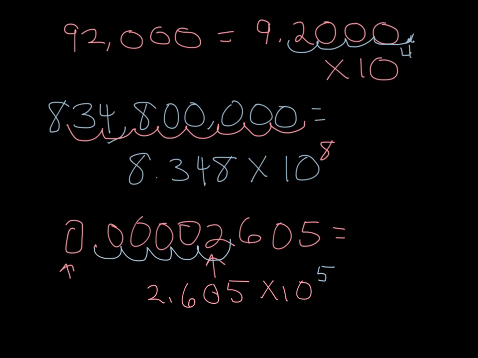But what we should notice is that in our first two examples, those were both large numbers. They were numbers larger than 1, and therefore they had a positive exponent. When we look at the bottom example, this is a number that's smaller than 1. So the exponent is not going to be positive, the exponent will be negative. So it's not a positive 5, but a negative 5.